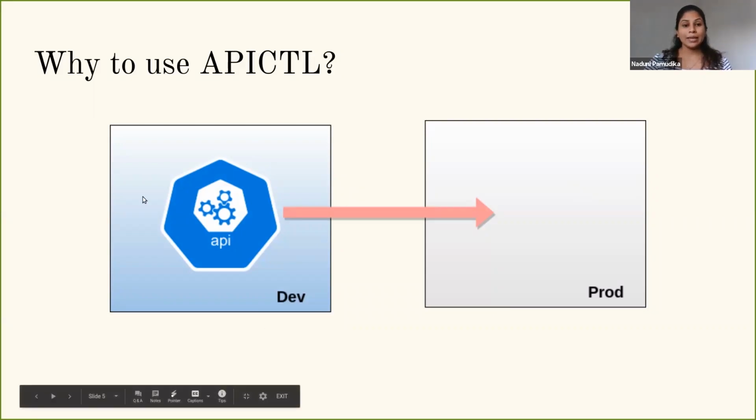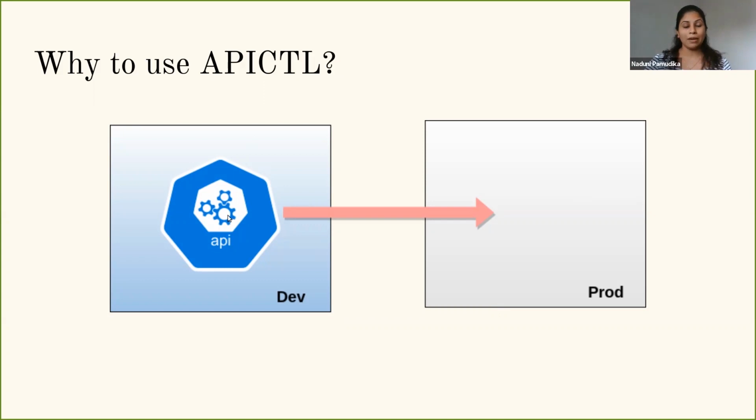Think that I have a fully tested API in my dev environment and I need to move that API to the prod environment. So at that point, you can use this APICTL to do that.